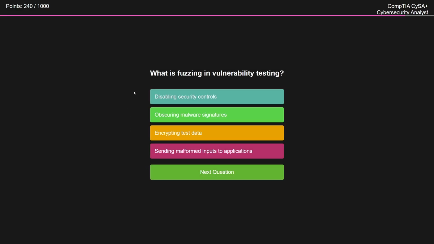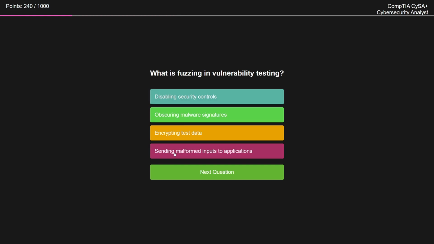What is fuzzing in vulnerability testing? Disabling security controls, obscuring malware signatures, encrypting test data, or sending malformed inputs to applications. Fuzzing is actually not disabling.